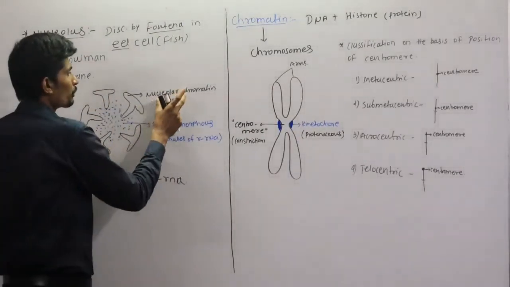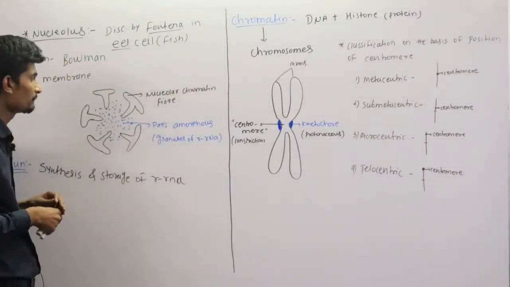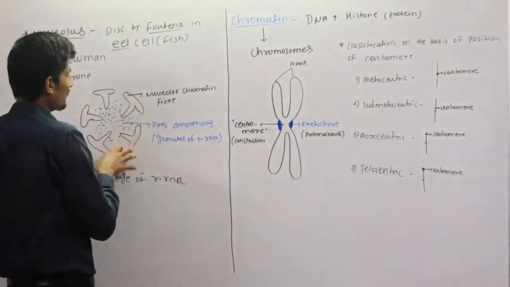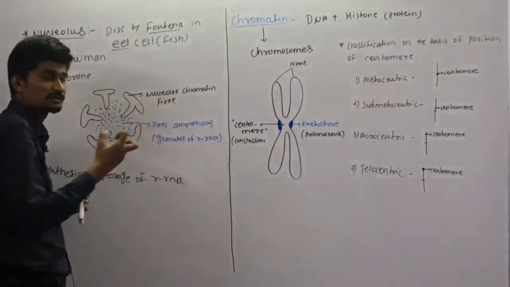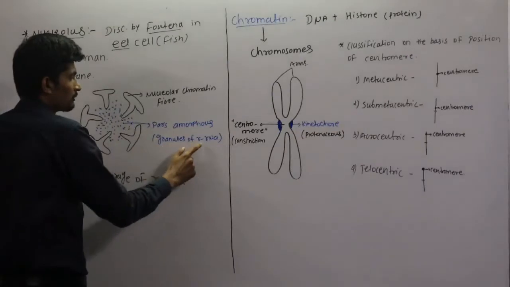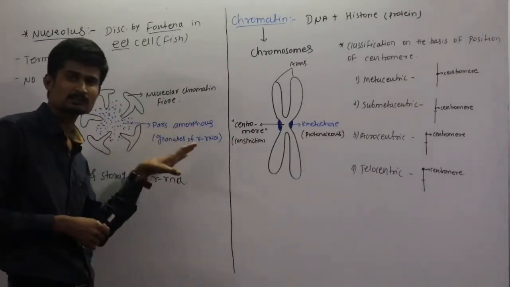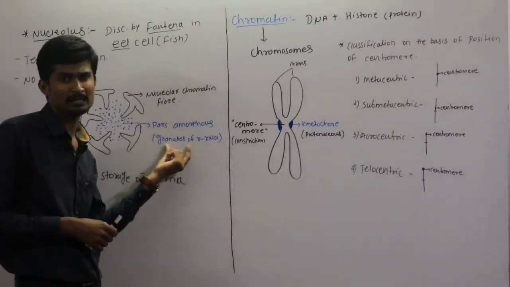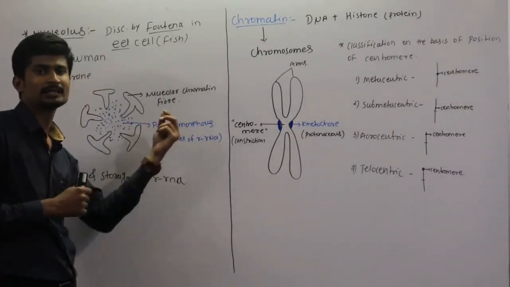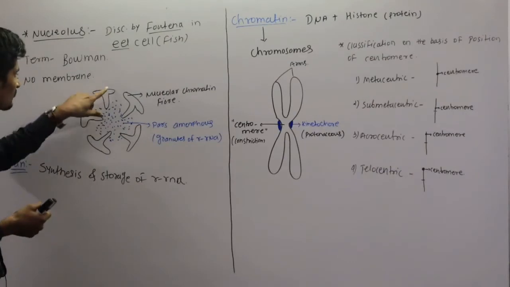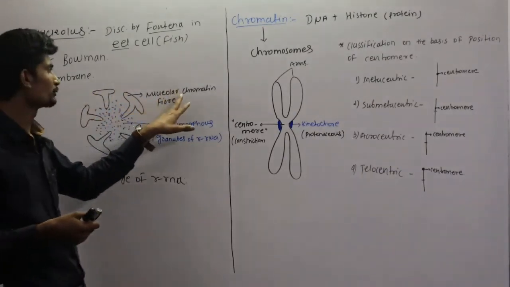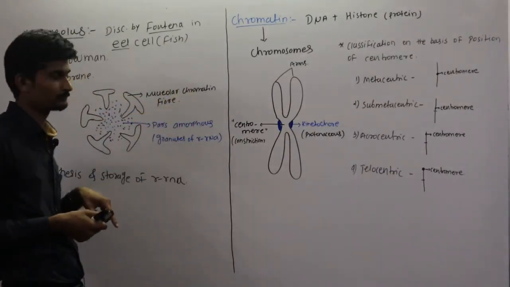It is the nucleolar chromatin fiber itself, and inside that there is a pars amorpha, an amorphous substance which is rich in granules of rRNA, that is ribosomal RNA. These membrane-like structures are called nucleolar chromatin fibers.